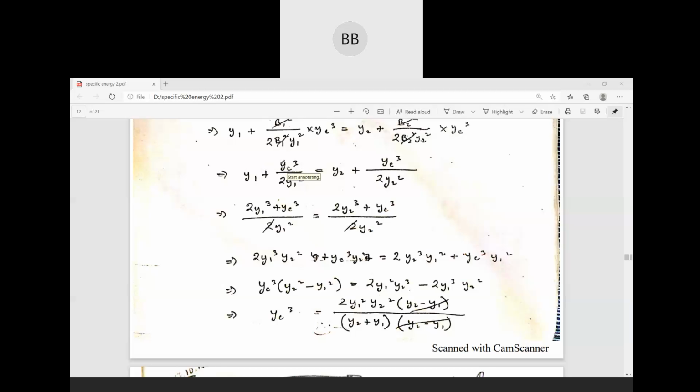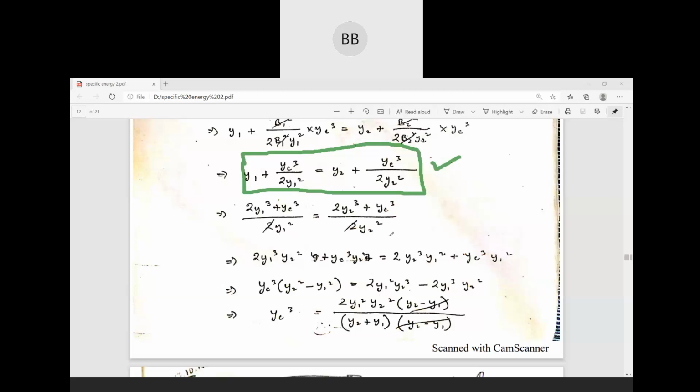So after this equation, we have already discussed till this expression. Then we are going to take the LCM here. Twice y1 square multiplied by y1, so it will be y1 cube plus yc cube, divided by twice y1 square.